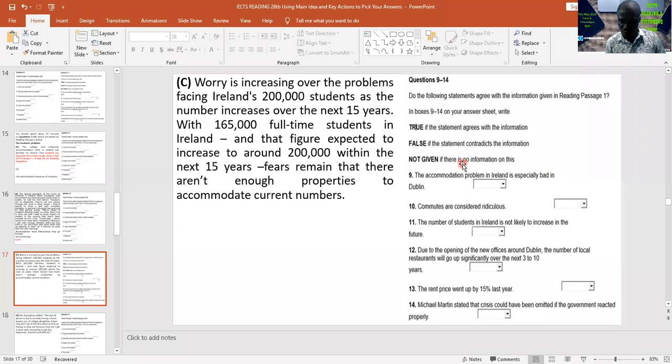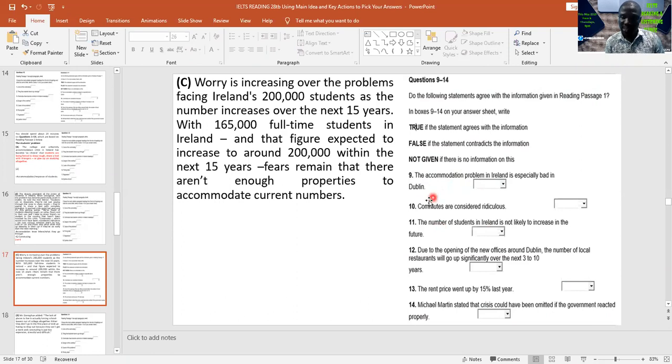Yes, true. So that's why I say you need to be checking the questions on both sections so that you won't have to read again, or even if you have to read, you need to quickly go there.